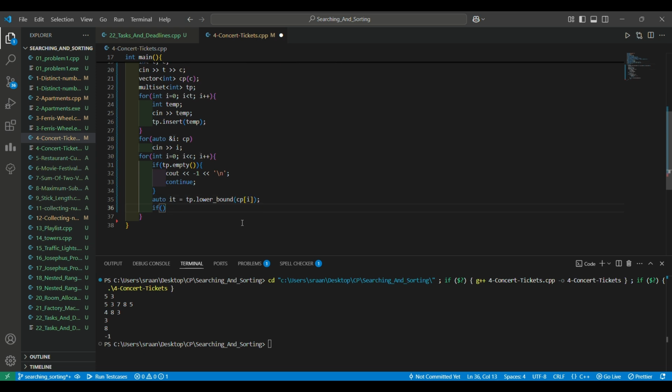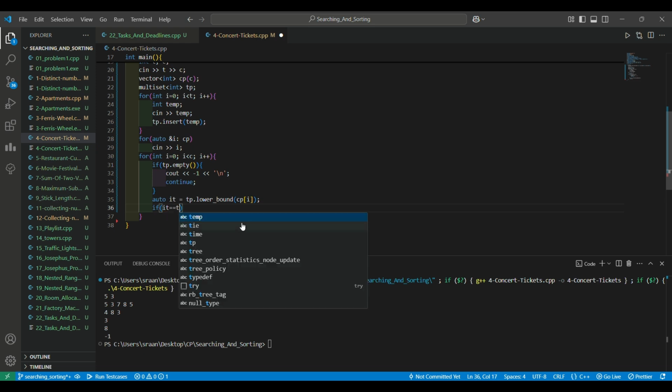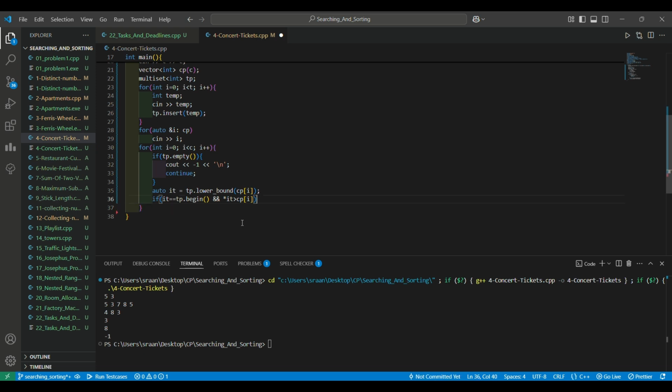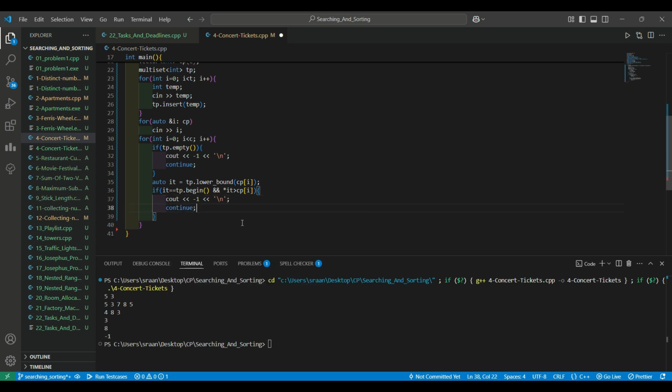Whatever price the ith customer has offered, we will find a lower bound for that in our tp multiset. If it is equal to tp dot begin, that means this is the most affordable ticket and the value of this ticket is greater than what our customer is willing to pay. That means this customer can't afford any ticket, so we will print -1.